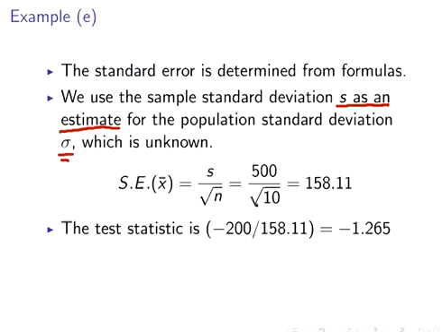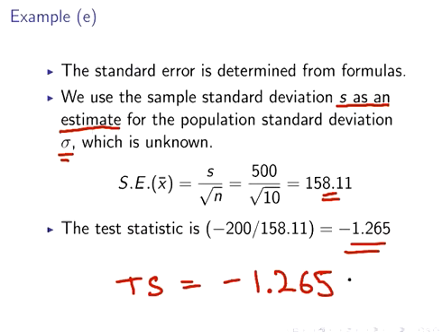That was 500 divided by the square root of the sample size, square root of 10. To two decimal places, that works out to be 158.11. Test statistic, therefore, is minus 200 divided by 158.11. So our test statistic works out to be minus 1.265.